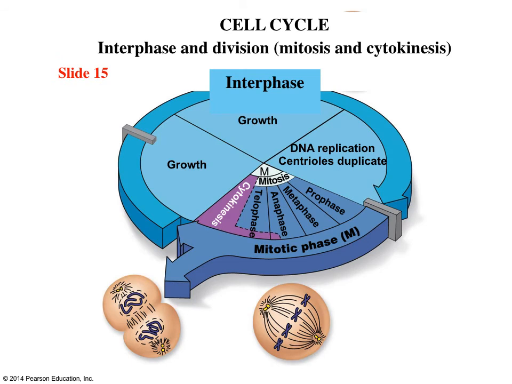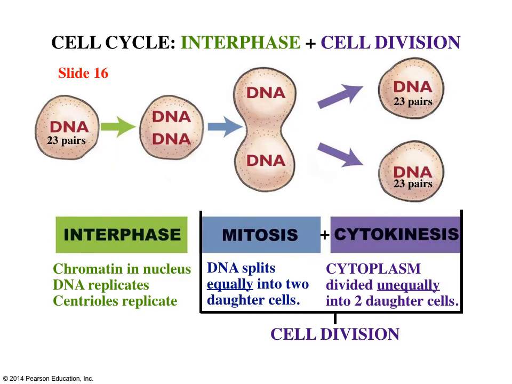Cell cycle. This is defined as the life cycle of a cell. A cell that's going to divide will have not only interphase, the regular growth, replication of DNA and centrioles phase, but also cell division. And in cell division, we divide not only the nuclear content, that's known as mitosis, but also the cytoplasmic content, and that is known as cytokinesis.